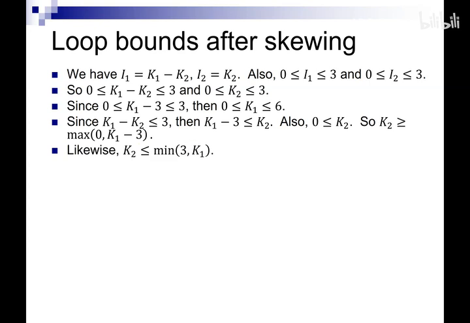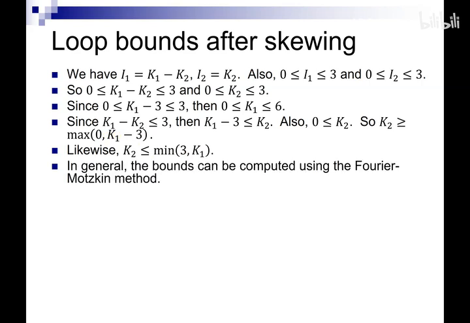And then you can use a similar derivation to get that K2 is going to be at most the minimum between 3 and K1. So it's at least going to be this and at most that. Here we just computed these things directly.